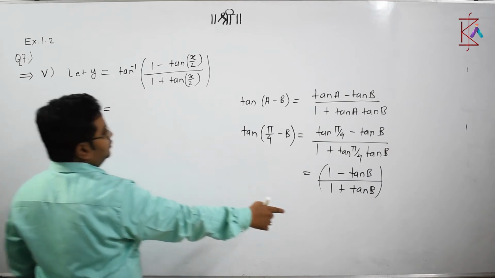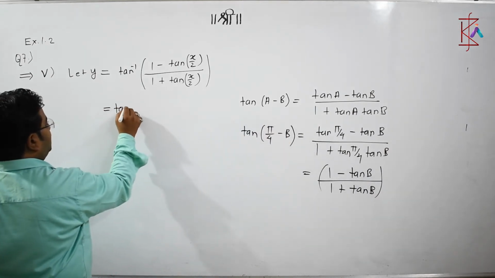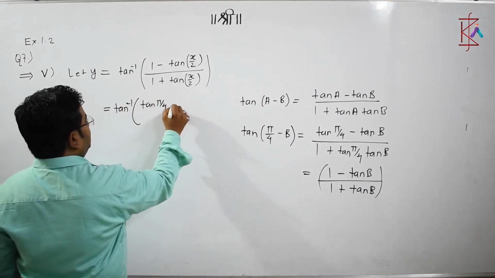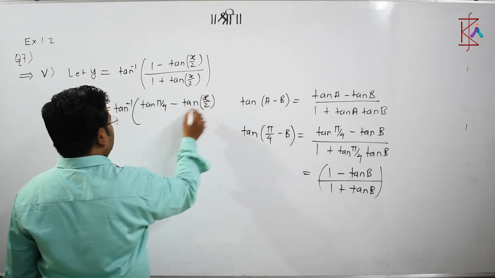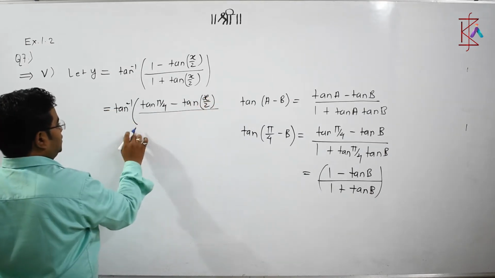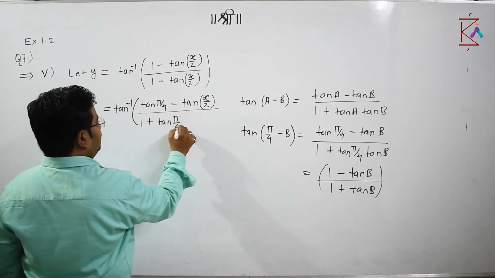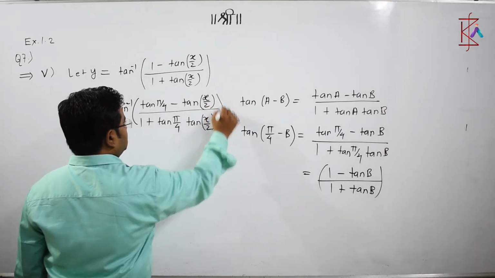So what we need to do is simplify it using this tan concept, tan pi by 4. So tan inverse of (tan pi by 4 minus tan x by 2). Are you getting this step? Good. So, 1 plus tan pi by 4 into tan x by 2. Good.